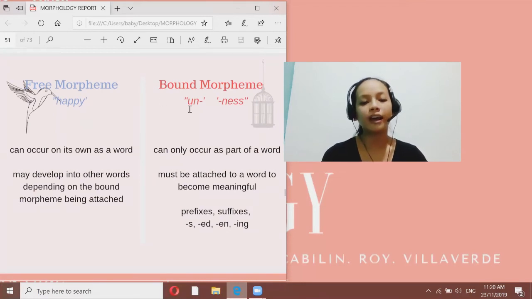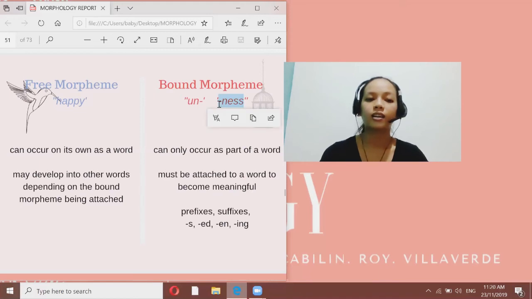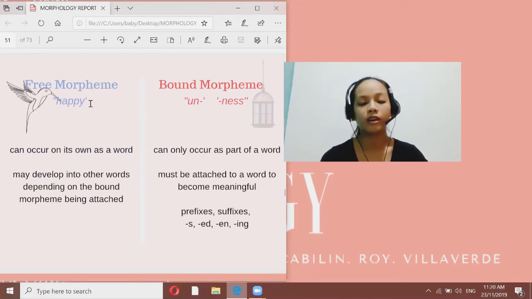So if we add the bound morpheme un to happy, we will have an adjective, unhappy, which means not happy. But if we add the suffix ness to mean unhappiness, then we will have a noun, which all use the root word happy. So I repeat, a free morpheme is a morpheme that can occur on its own as a word.